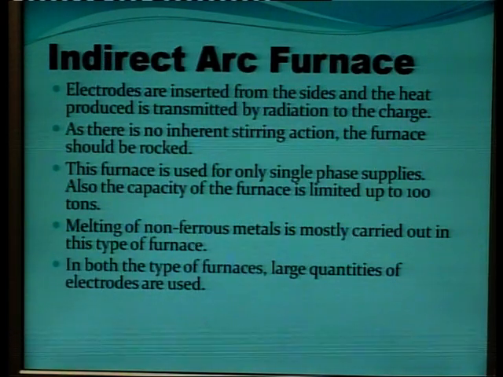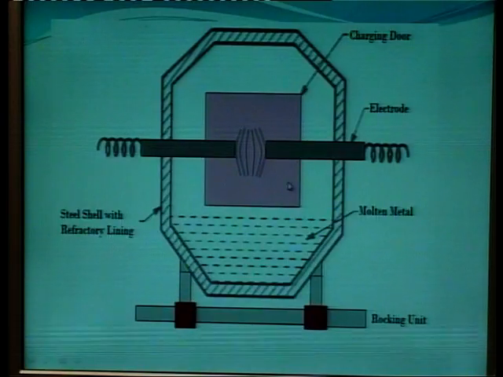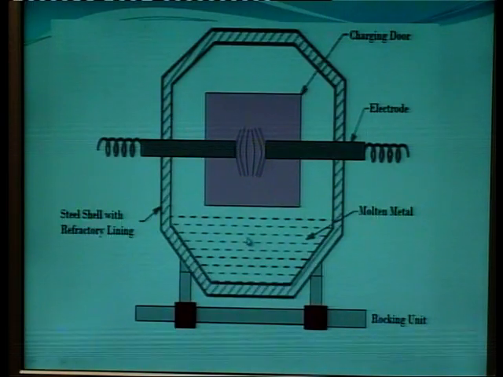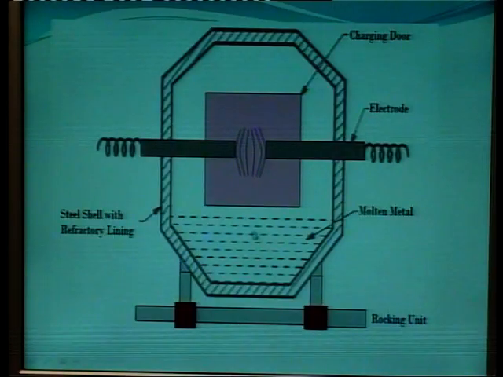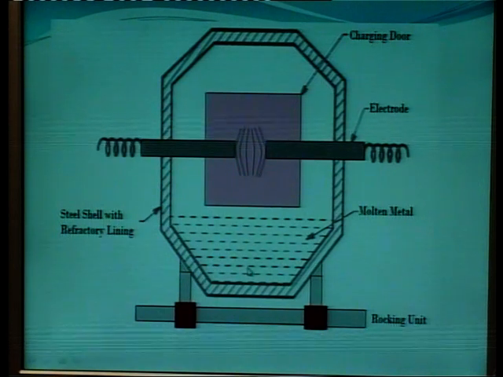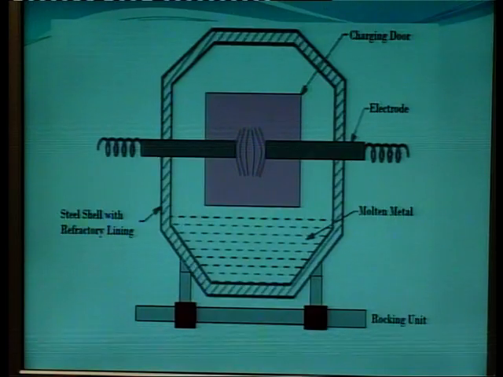Now next is indirect arc furnace. Now here, as the name suggests, the arc and the charge to be heated are not in direct contact with each other. So the heat from the arc is given to the charge by the radiation method.